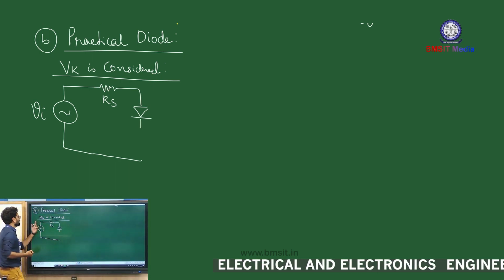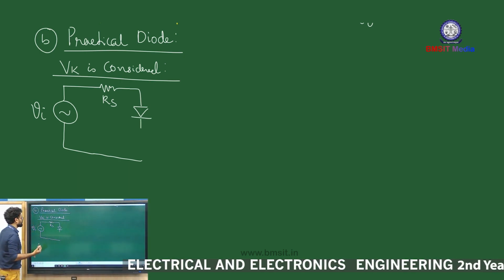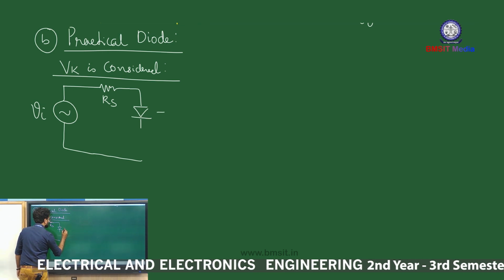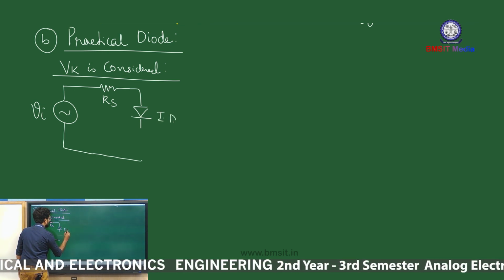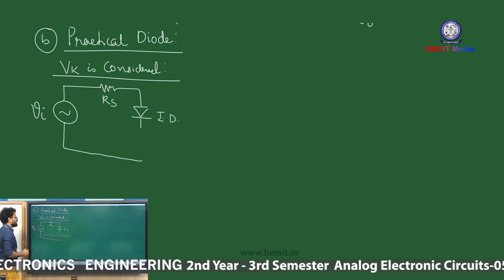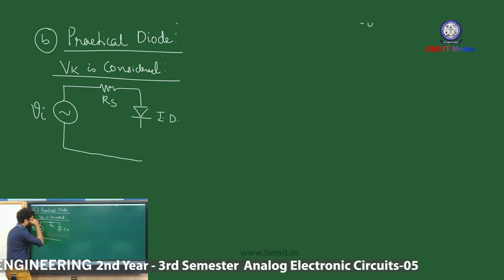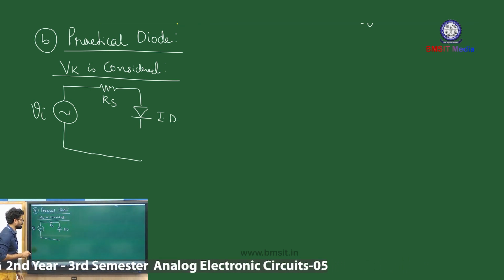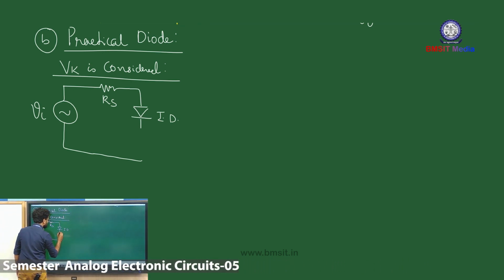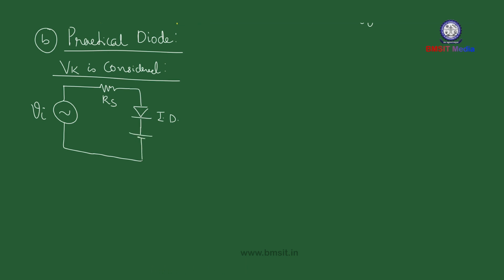Since we are considering a practical diode, we will bring Vk into the picture. So we can consider an ideal diode in series with a DC source with a potential of Vk.